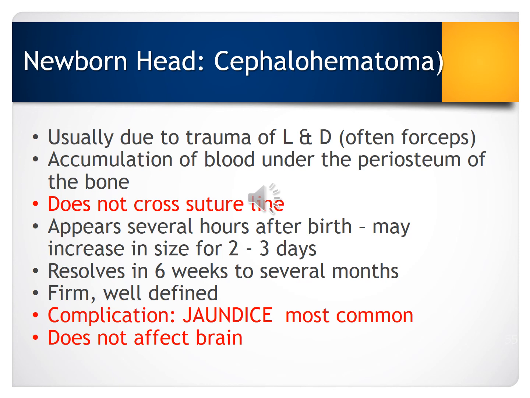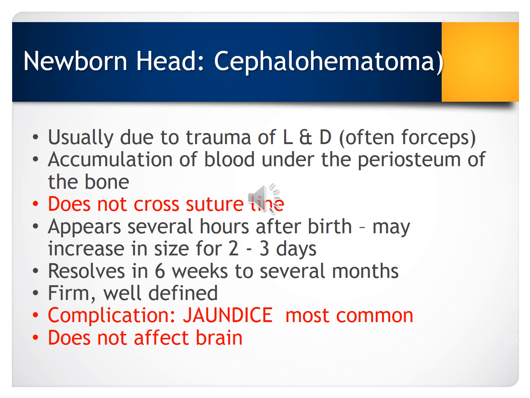This occurs usually due to some type of trauma during labor and delivery, particularly during birth. For example, the use of forceps can increase a newborn's risk of acquiring a cephalohematoma. The cephalohematoma does not cross the suture line.